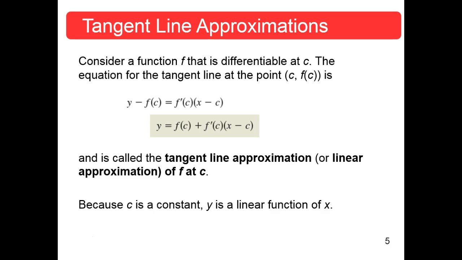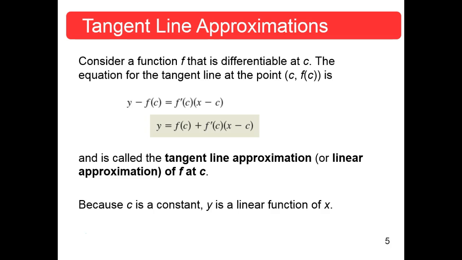The derivative there, since it's differentiable, is f prime of c, which gives you the slope at that value. So from the point-slope formula, y minus f of c, that's y1, is equal to m, which is f prime of c, times x minus c, x1. That is your equation for the tangent line.